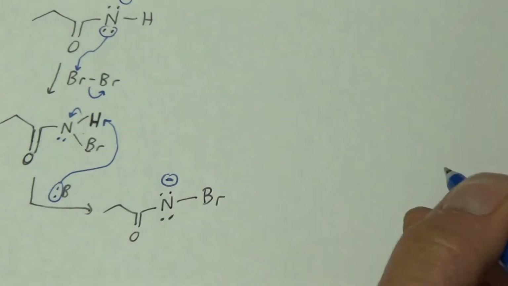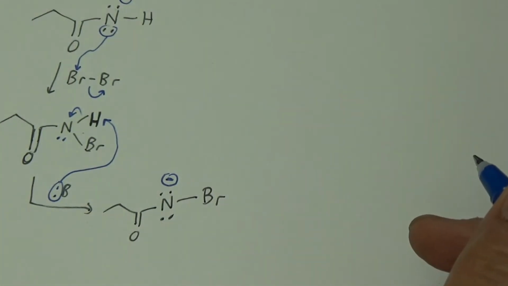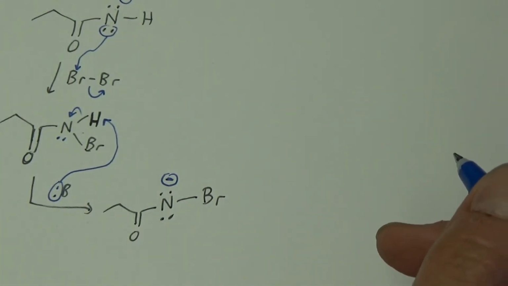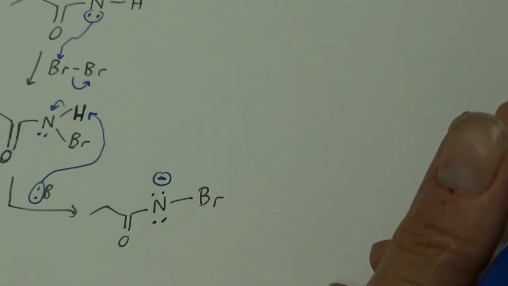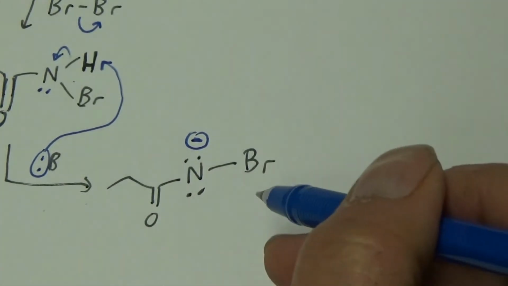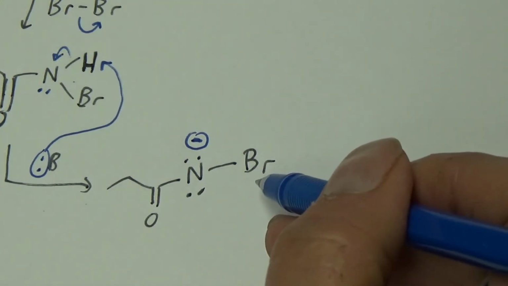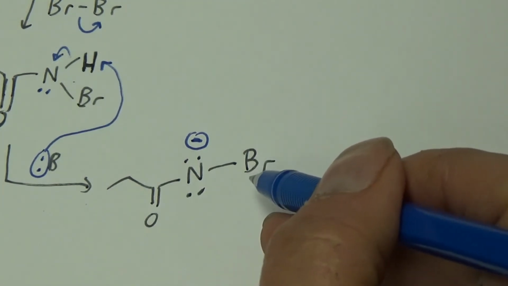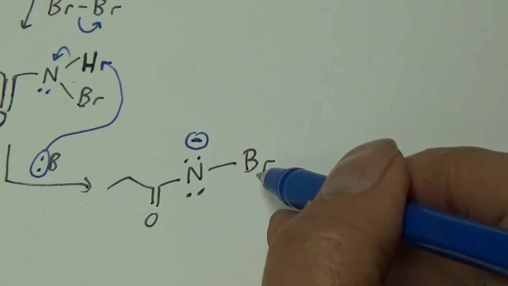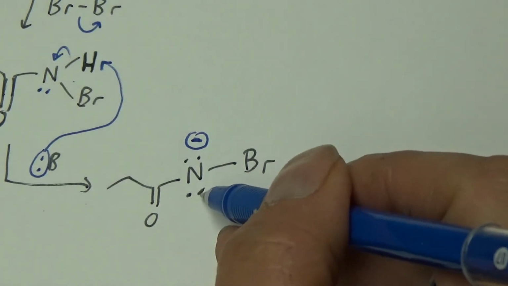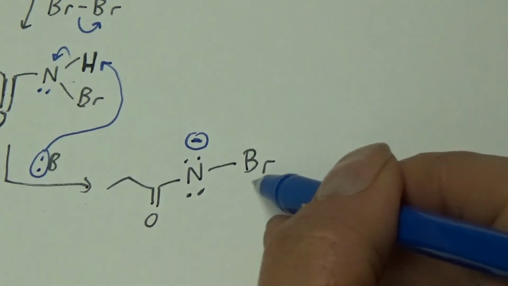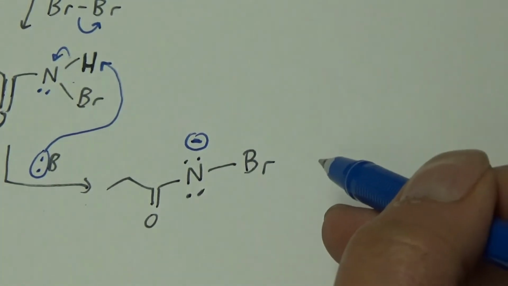Okay. All right. Now the first weird thing happens. It's not even that weird, but it happens. We got what appears to be a leaving group, right? Br is a leaving group. If you ever have a leaving group on a thing that's negative, like a negative nitrogen, a leaving group on an atom that's negative, you've never seen that before.